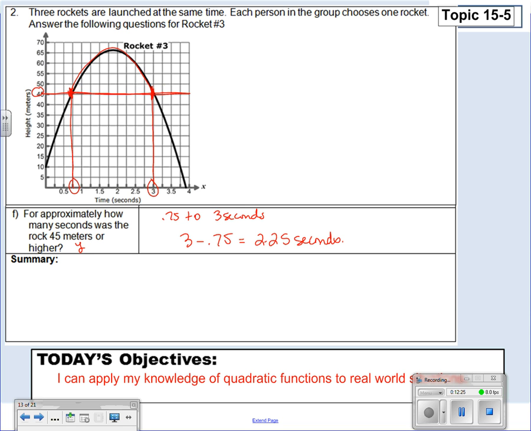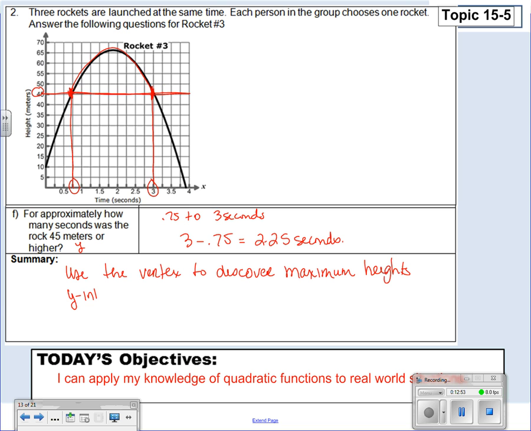So how do we apply our knowledge of quadratic functions to real-world scenarios? We use the vertex to discover maximums, and we discovered maximum heights. We used the intercepts.